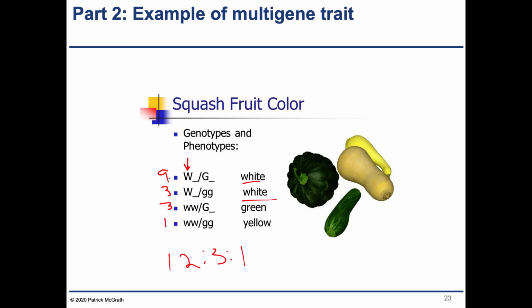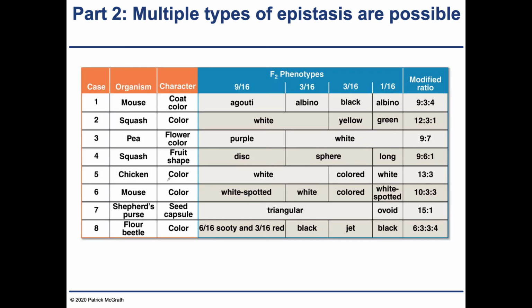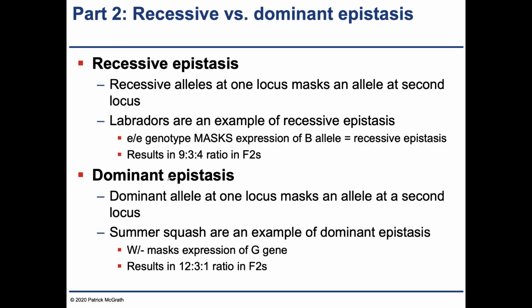That can either result in 9:3:4, it can result in 9:4:1. There's all sorts of ways you can combine these categories together. So whenever you see that, that's epistasis. We end up naming some of these, so there's actually names for lots of them. The only two that I'll expect you to know are recessive epistasis, of which the Labrador retrievers are an example, and dominant epistasis, which is an example from the squash.